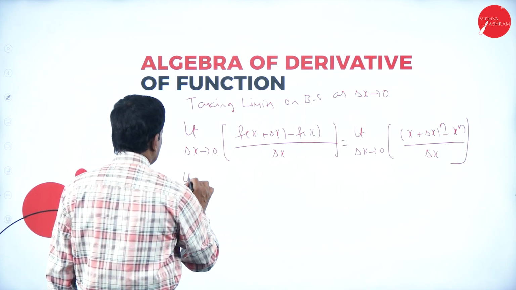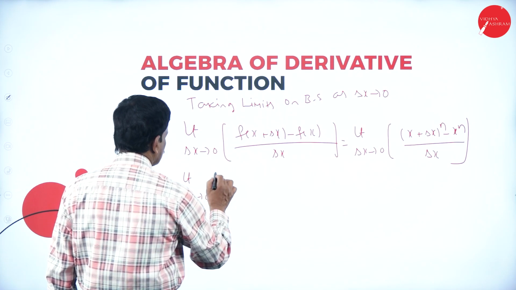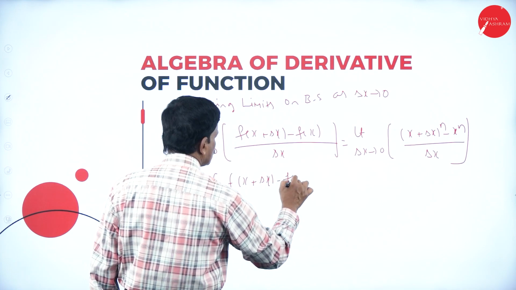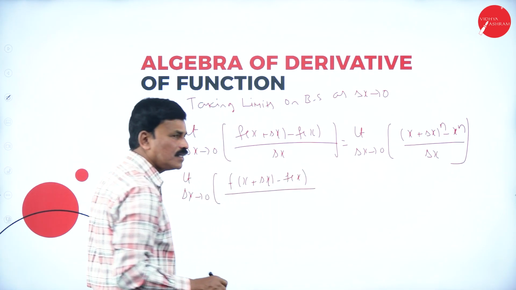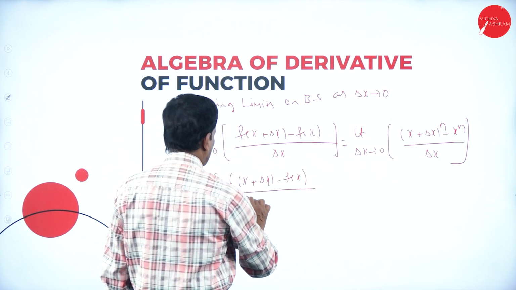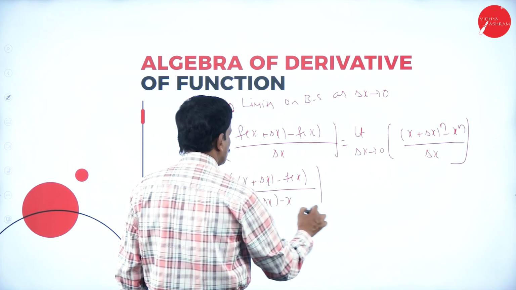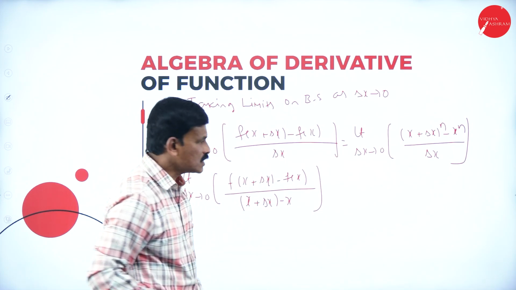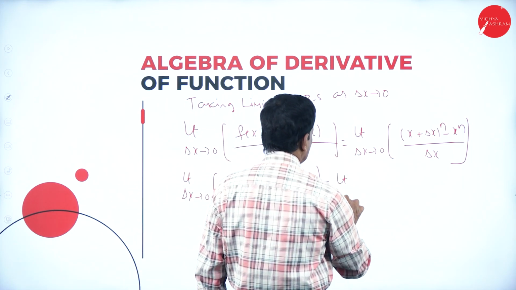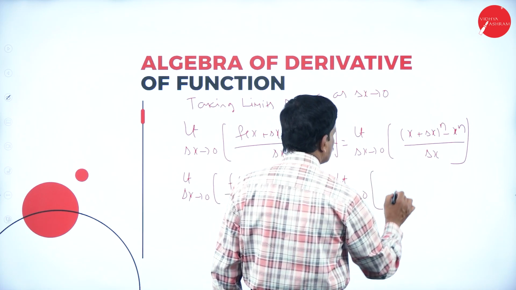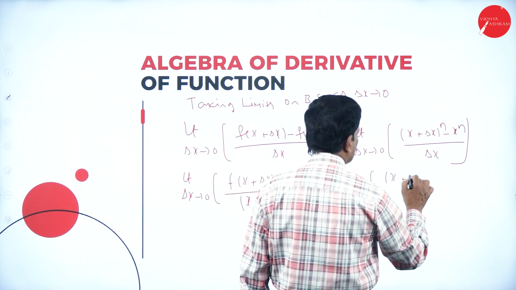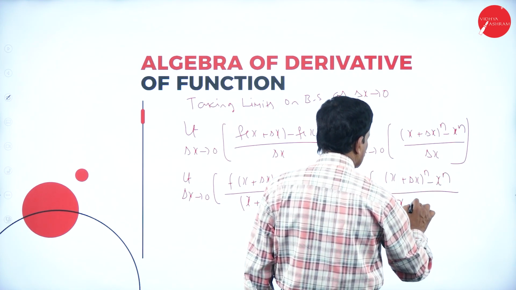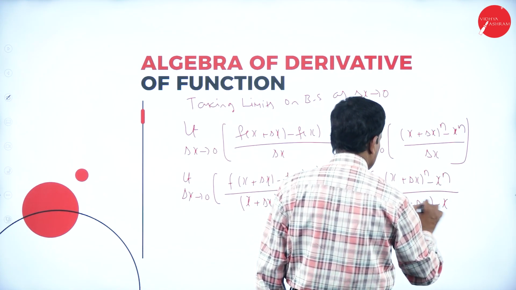For this delta x, just add and subtract x. So, delta x can also be written as x plus delta x minus x, since plus x and minus x cancel. Here also, limit delta x tends to 0 of x plus delta x to the power of n minus x raised to n divided by x plus delta x minus x.